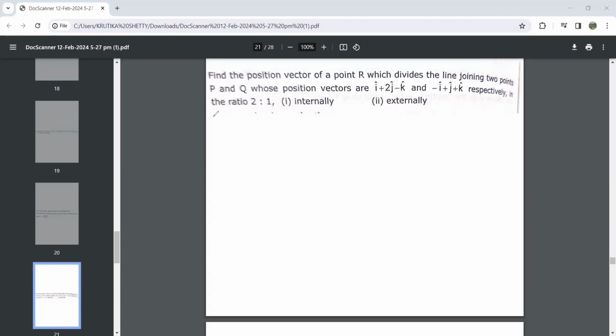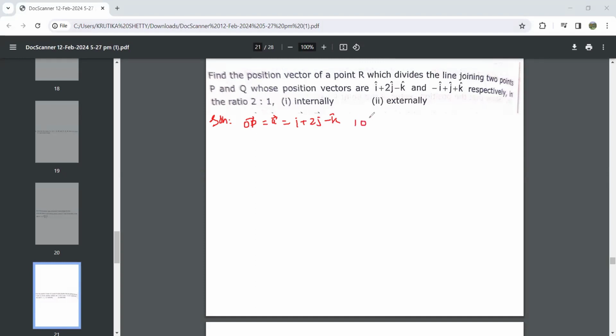In the solution part, first we need to write down the formula and the position vectors. The position vector of the point P is OP, which is vector a, equal to i cap plus 2j cap plus k cap.